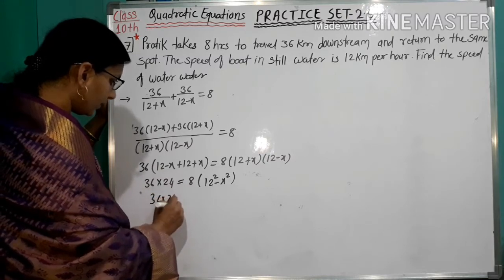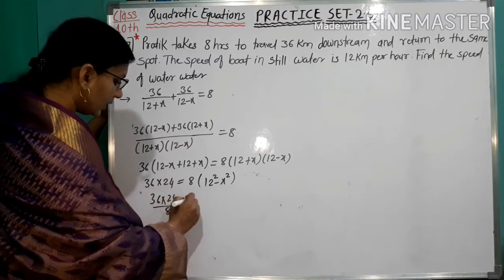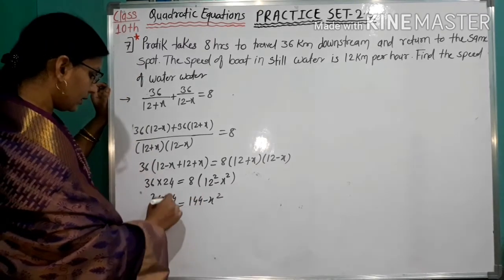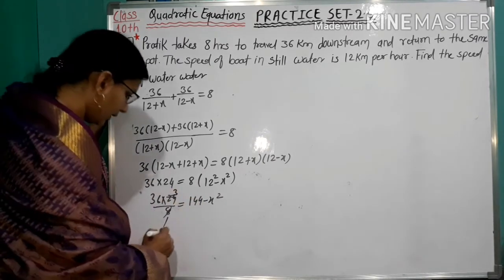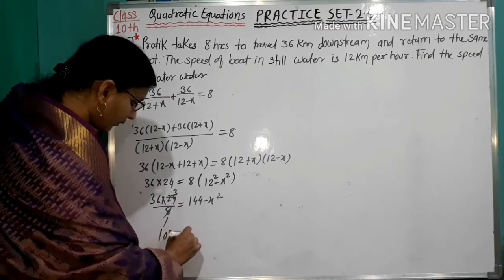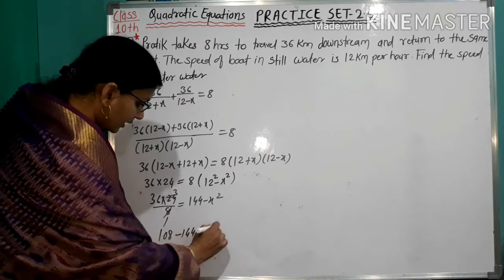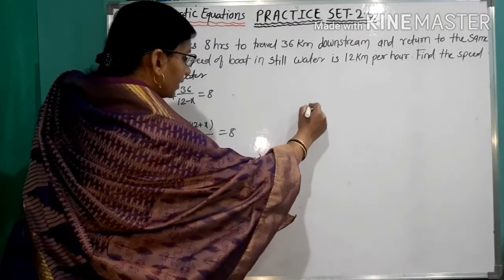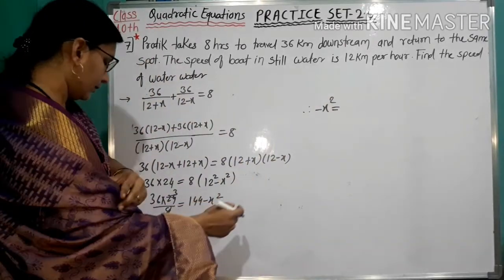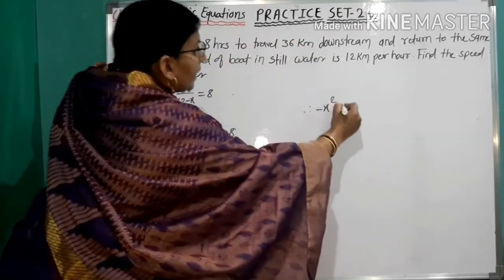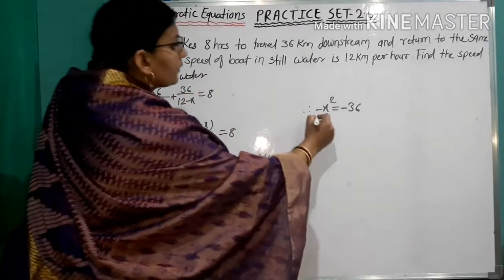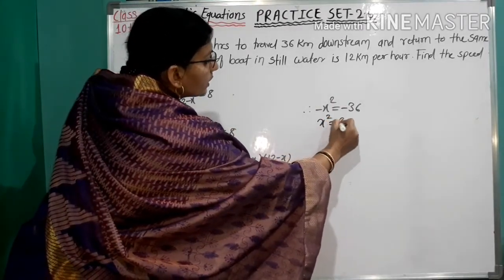We solve this: 36 into 24 divided by 8 equal to 144 minus x square. Therefore, 108 minus 144 equal to minus x square, and therefore minus x square equal to minus 36, and therefore x square equal to 36.